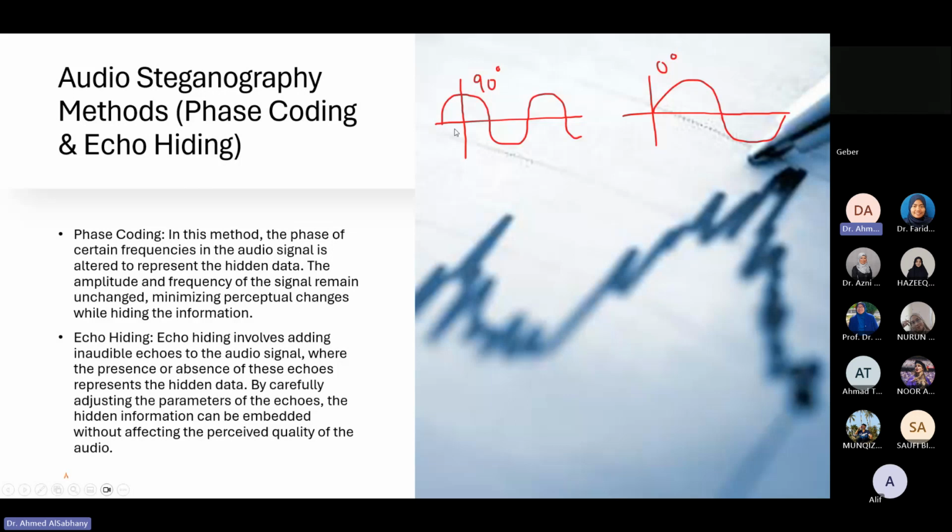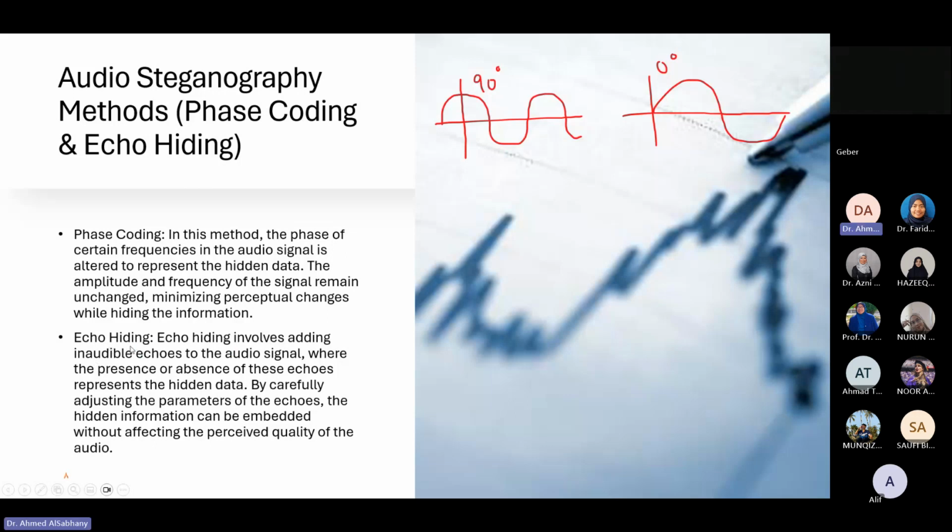For example, for this frequency, we have the phase as 90 degrees, and to embed, for example, 0, we might keep it as 90. But if we want to make it 1, we might change this phase to be 180, for example, to represent the 1.